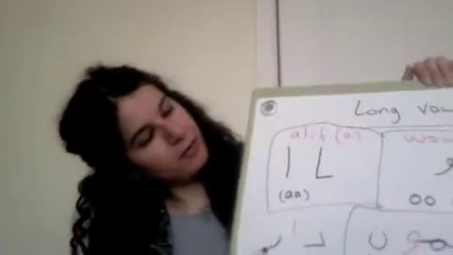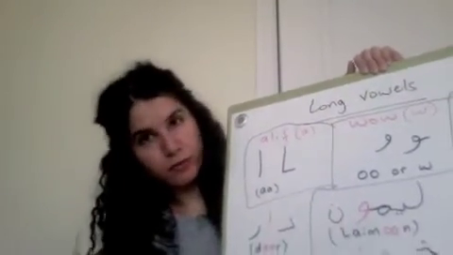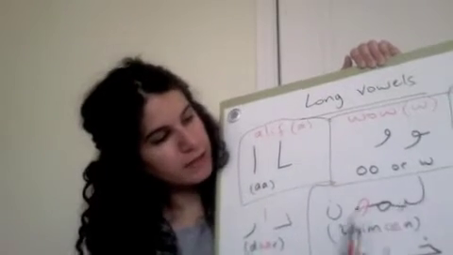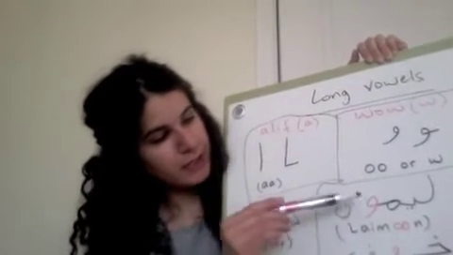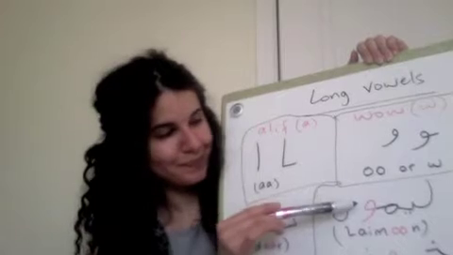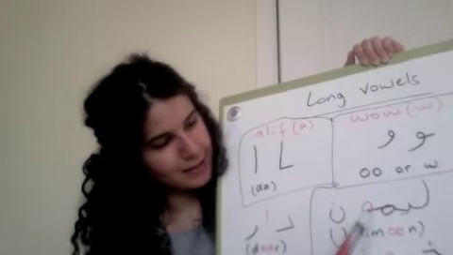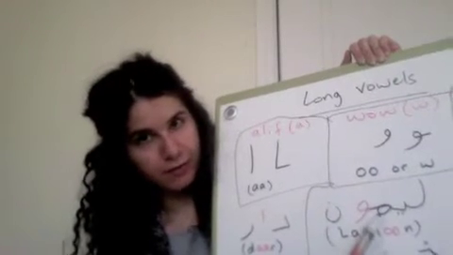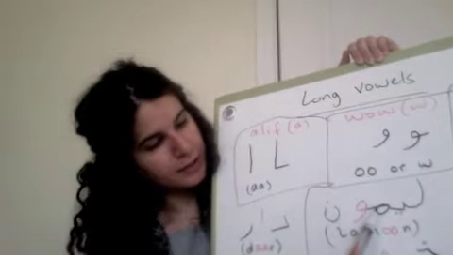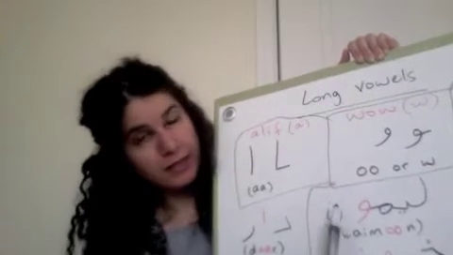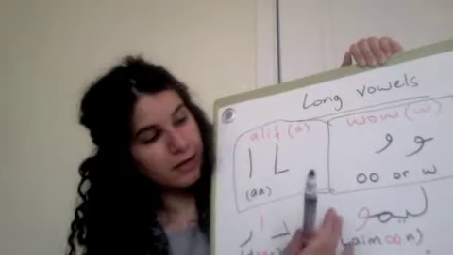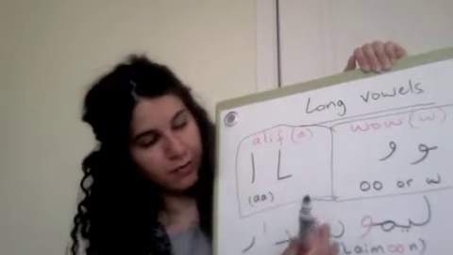All right, let me give you an example before we move on to the book. Here's a word for you. Do you see the wow? There's a wow, and it's connected to the letter that's right in front of it. It's attached to it. However, it's not connected to the letter that comes after it.